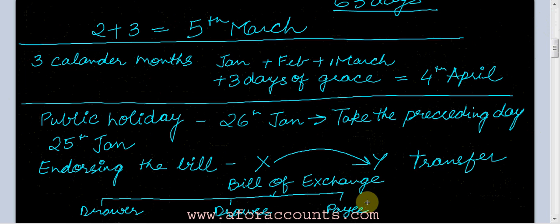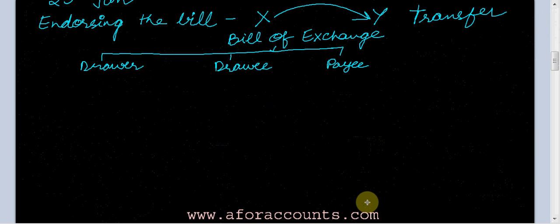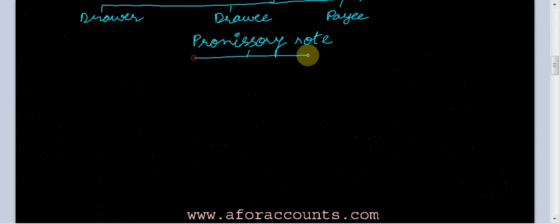And in a promissory note, where there is a promise to pay, there are two parties: the one who promises, that is the promisor, the debtor, and the payee.